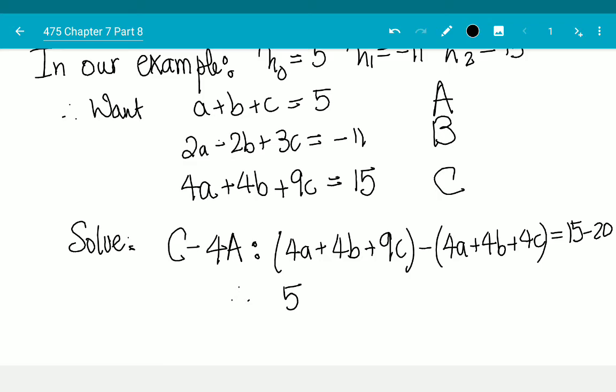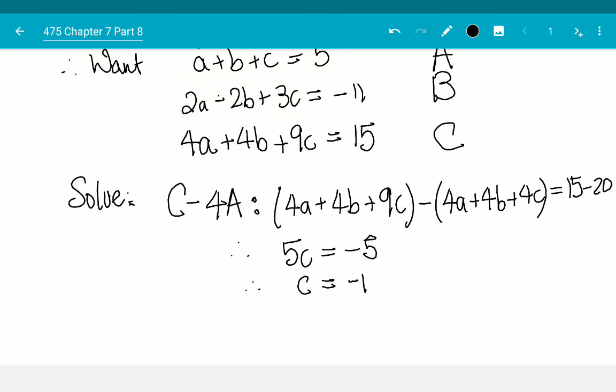Therefore, 5c is equal to negative 5, therefore c is equal to negative 1. Great, I have already found the value of c.